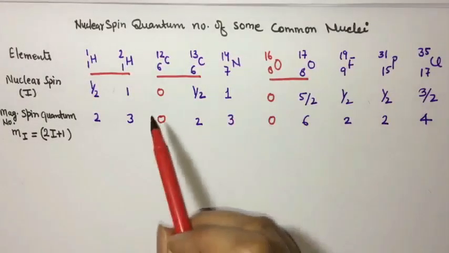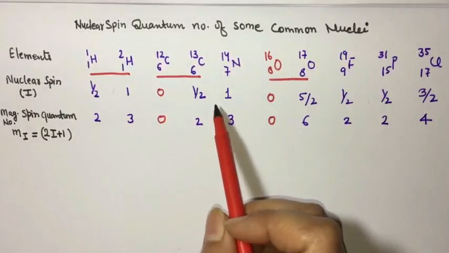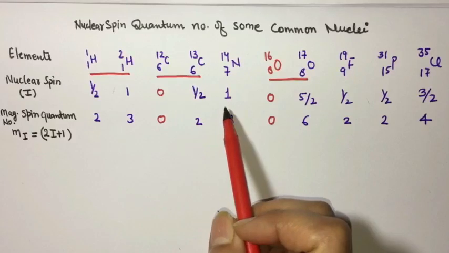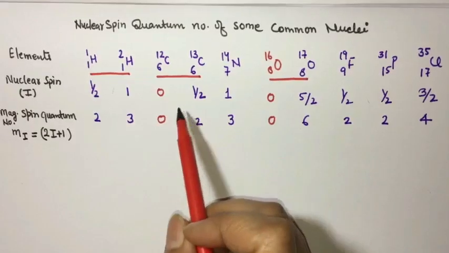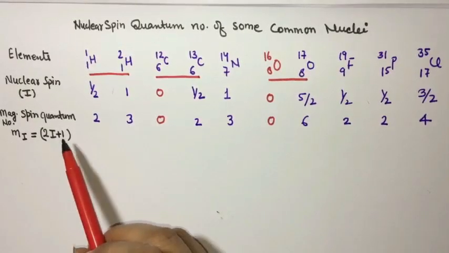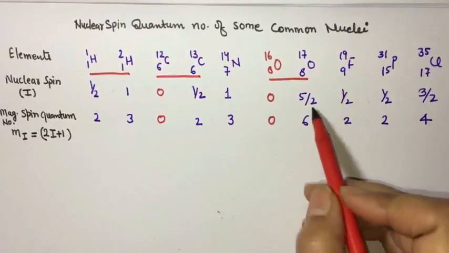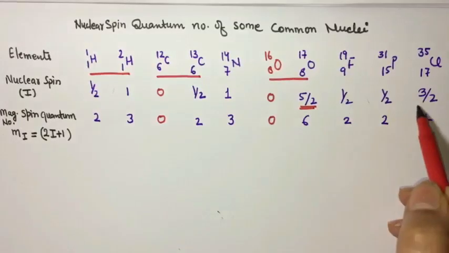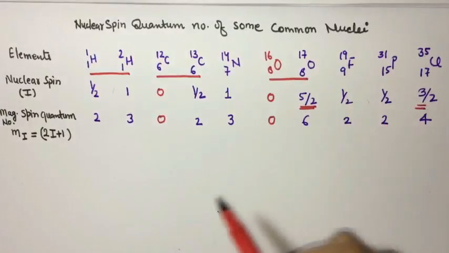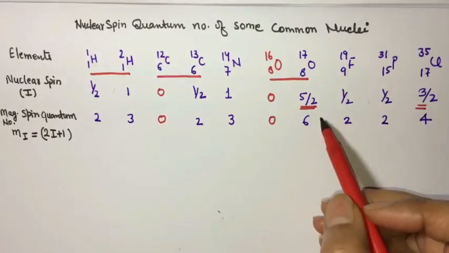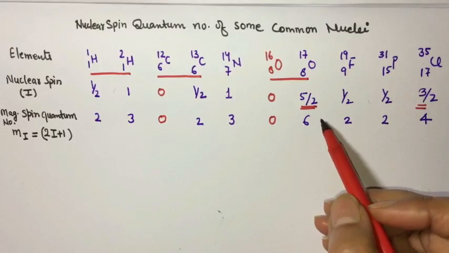Few nuclear spin values have already been calculated earlier, and try to remember this, that such kinds of nuclear spin values cannot always be calculated theoretically.